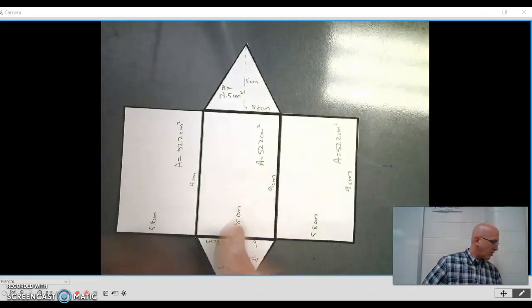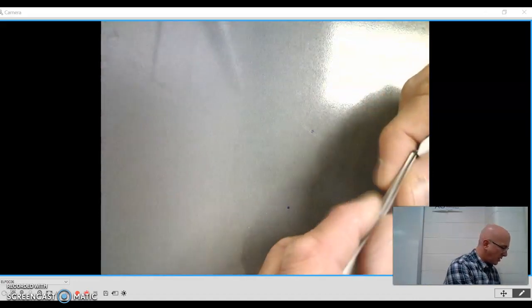Now, here's what we are going to do. I am going to fold each of these, I'll do this up here. I'm going to fold each of these lines here. Fold them all going into the same direction here.